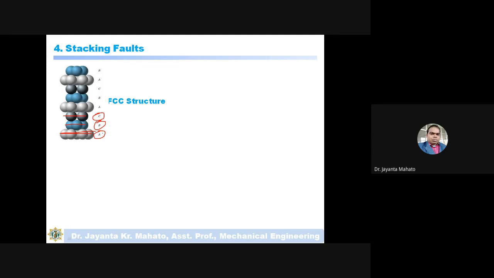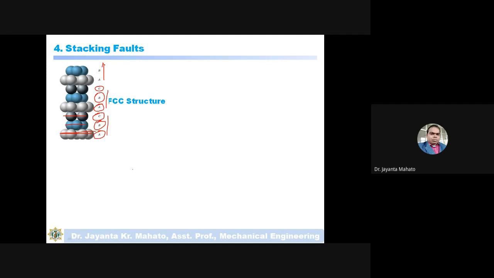The sequence is A, B, C. Then again the plane containing A atoms, then B, then C. So the sequence is ABC, then again ABC, then again ABC, like this.